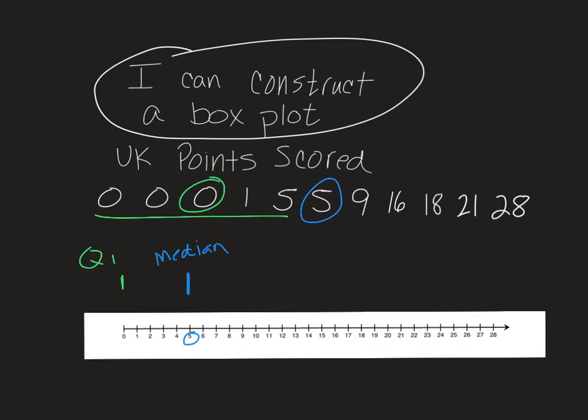Then we found the median of the upper half of the numbers, and in that case, that was 18. So I'm going to draw another little straight line right above the 18. So those are the individual walls or pieces of my box.